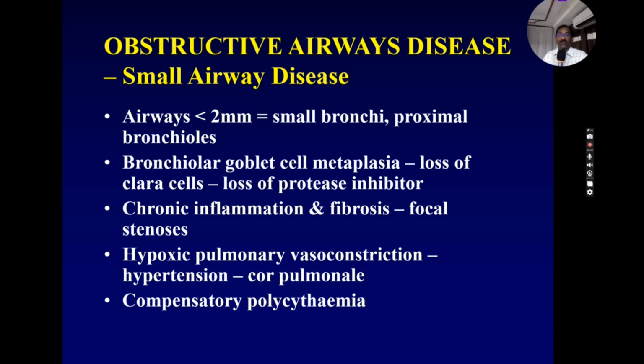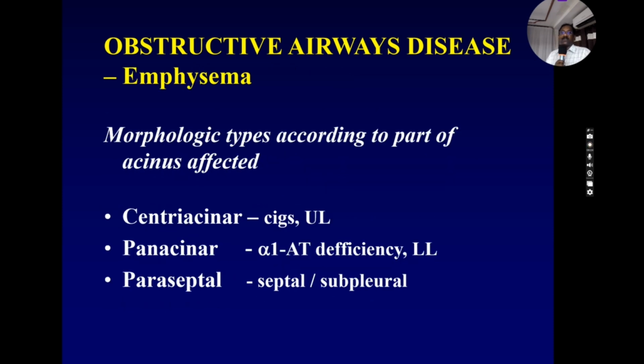Chronic inflammation and fibrosis, stenosis will appear, and there will be hypoxic pulmonary vasoconstriction leading to pulmonary hypertension, and then cor pulmonale and compensatory polycythemia. So these are all the diseases occurring because of small airway disease.